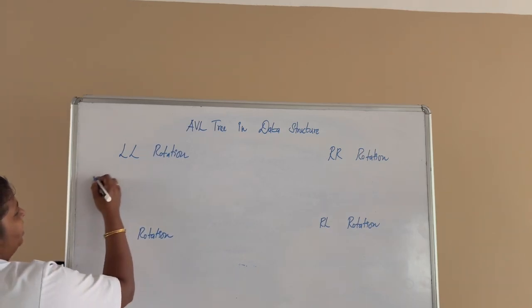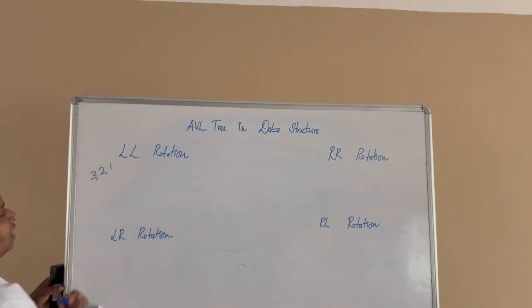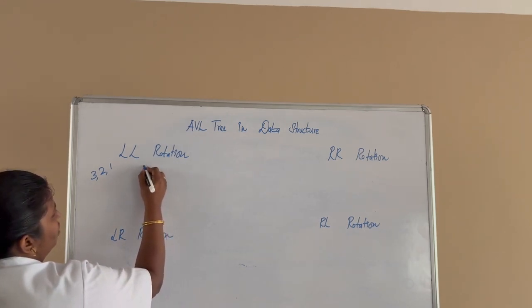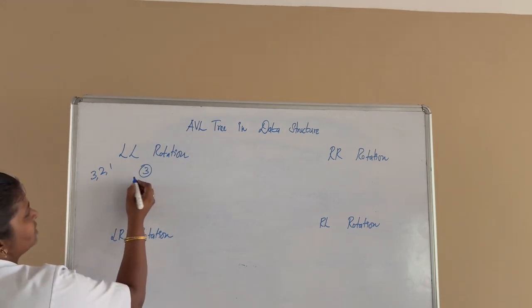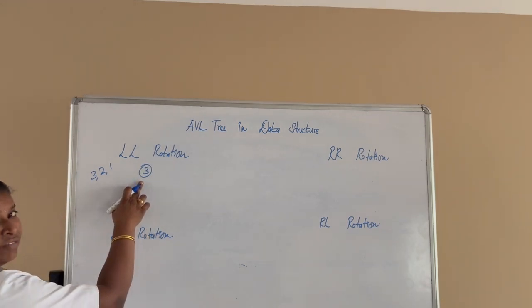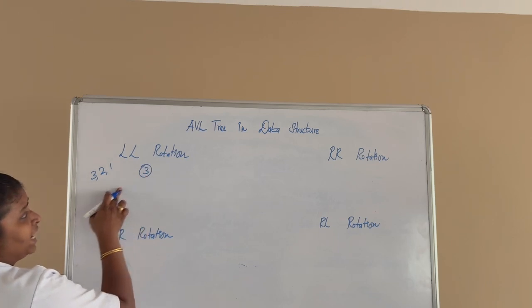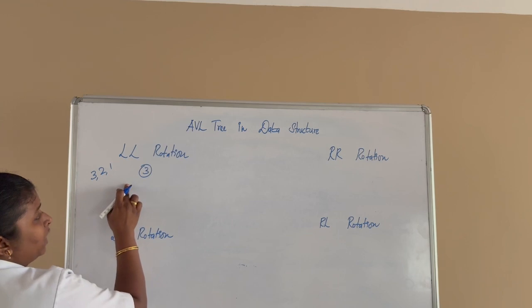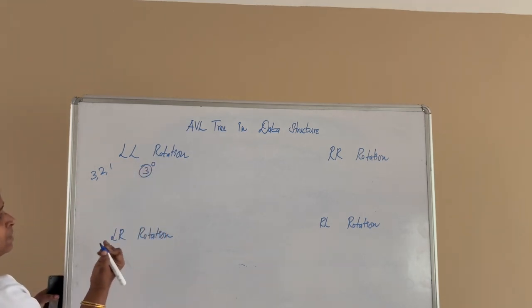If you have elements like 3, 2, 1, how will we insert them? The first element will be the root node 3, and you have to check the balance factor after insertion. It does not have any left subtree or right subtree, so the balance factor will be 0 minus 0, that is 0. So the tree is balanced.